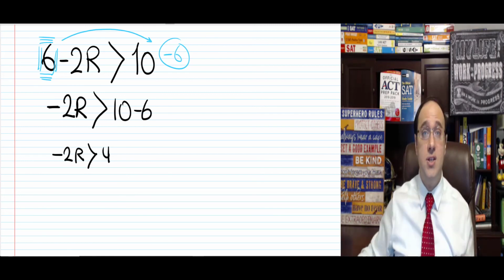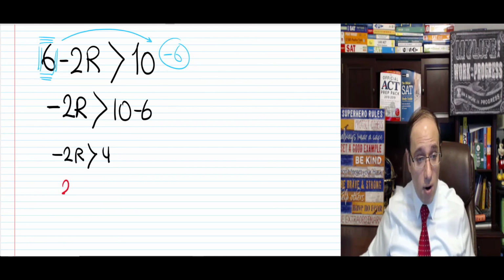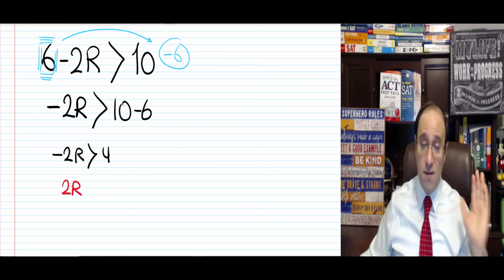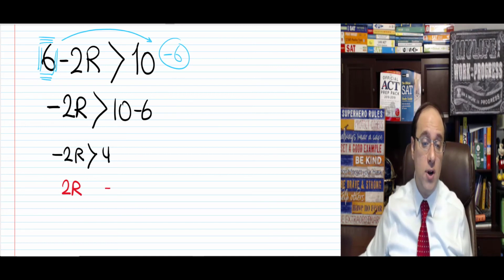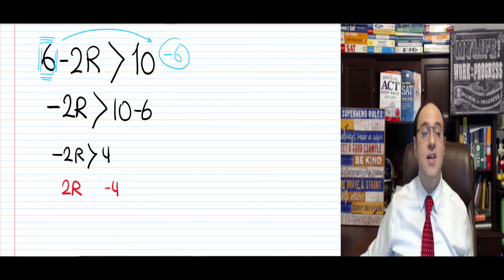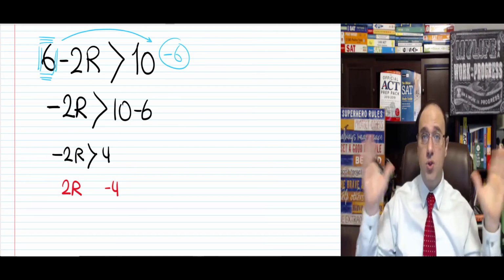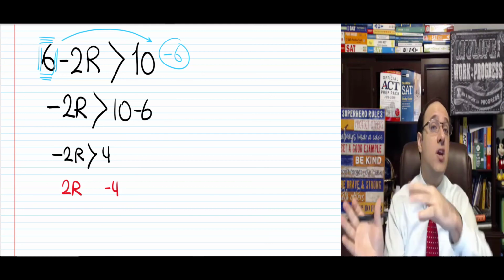Here's what I do. Simply I say, I want to get rid of the negative right here. So I just want it to be positive 2r. If I do this, I need to change the 4 into -4. But don't forget, since I switched the negative signs on both sides, again, I didn't move any numbers here.